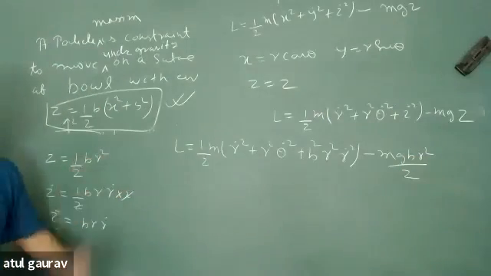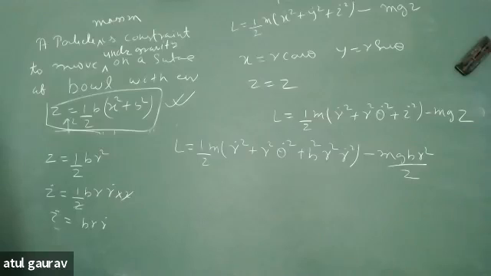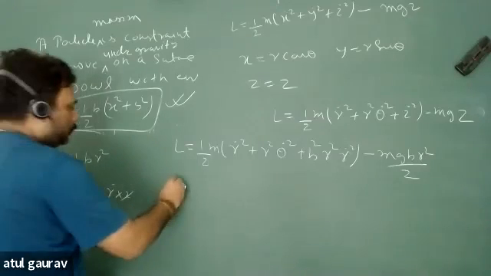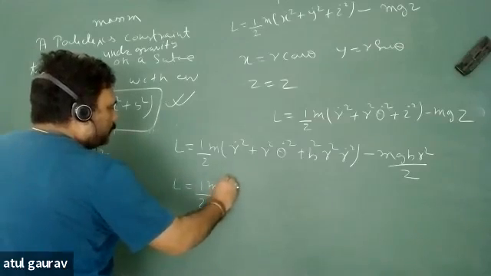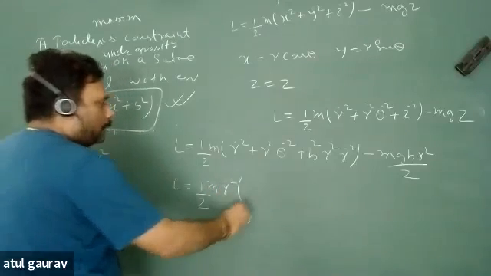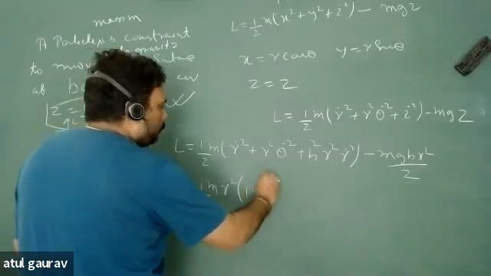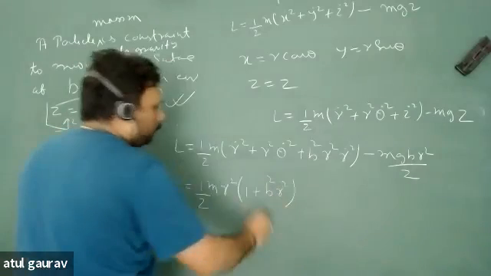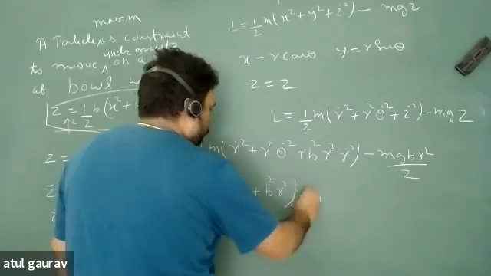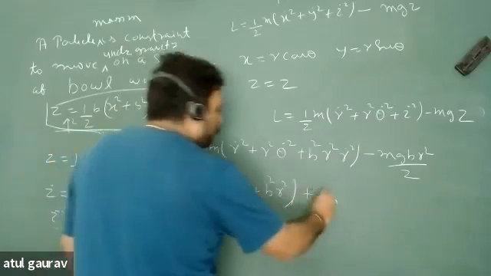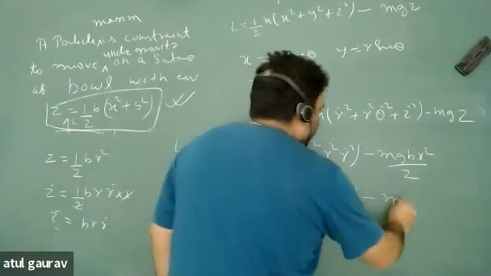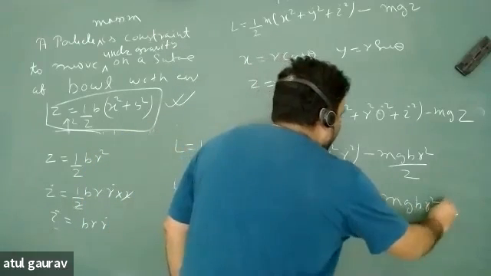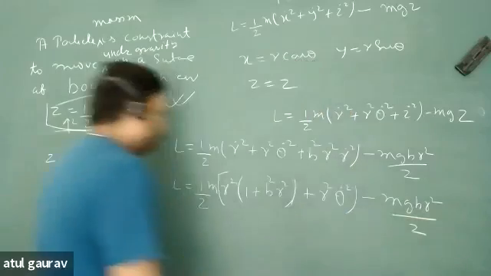Now I can collect the r dot term separately and the r term separately. So what will be the Lagrangian? Half m, I will just take r dot square common. We have 1 plus b square r square, plus then we have r square theta dot square, minus mgb r square by 2.